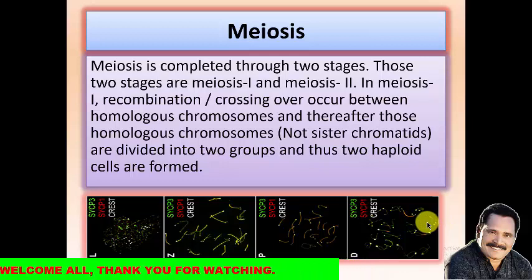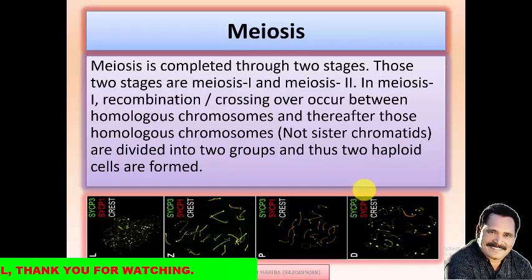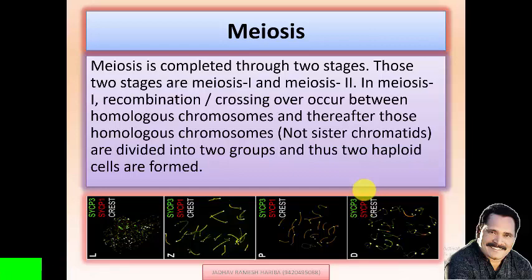We have seen that in meiosis first, recombination and crossing over occur between the homologous chromosomes, and thereafter these homologous chromosomes get separated into 2 groups, and thus 2 haploid cells or gametes are formed in this cell division.